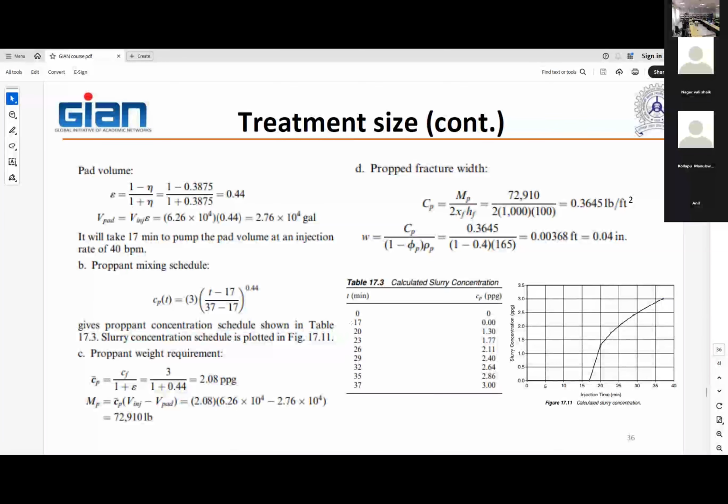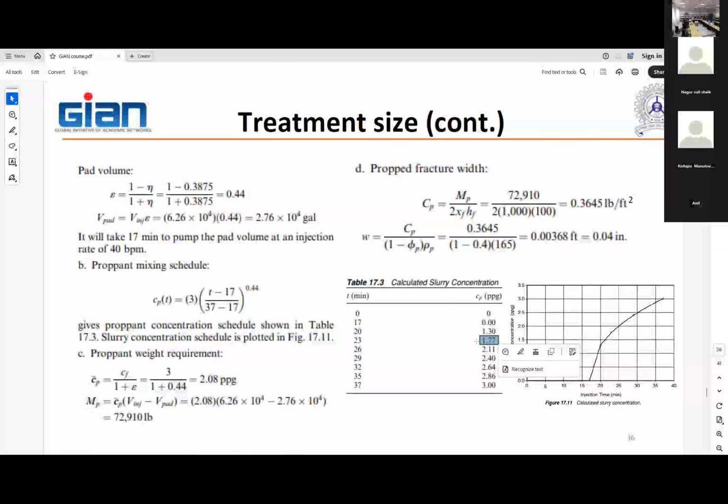Let's say at 20 minutes, if you put 20 there, then you will get a number of 1.30. This means after 17 minutes, you should increase the propant concentration in your fluid to 1.3 ppg, pounds per gallon. Then if you put 23 here, you are getting 1.77. This means for the next 3 minutes you pump at 1.77 ppg.